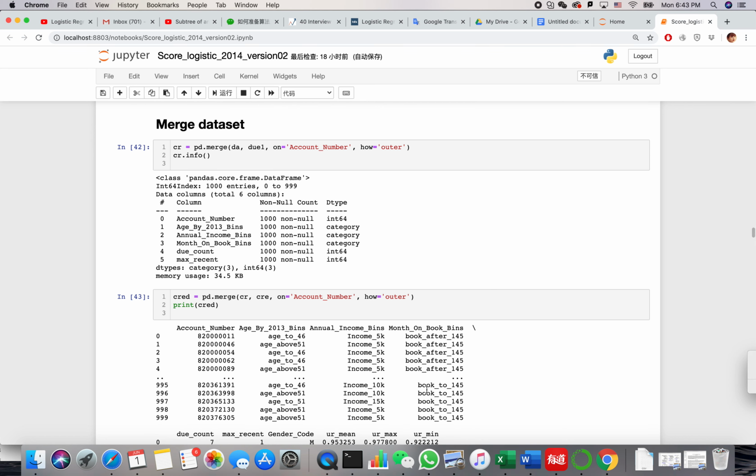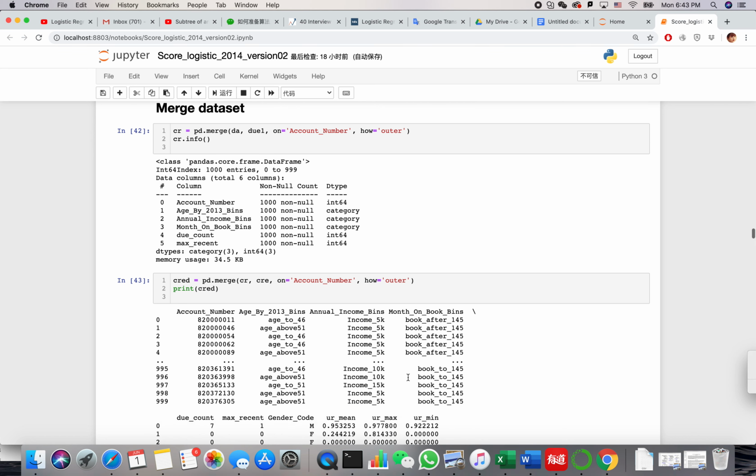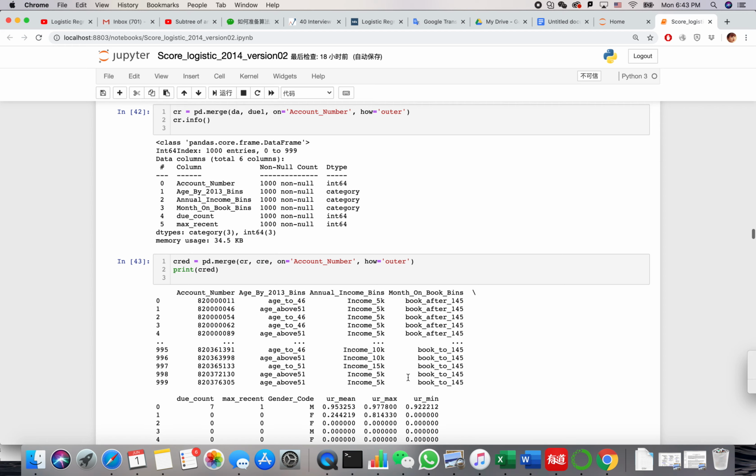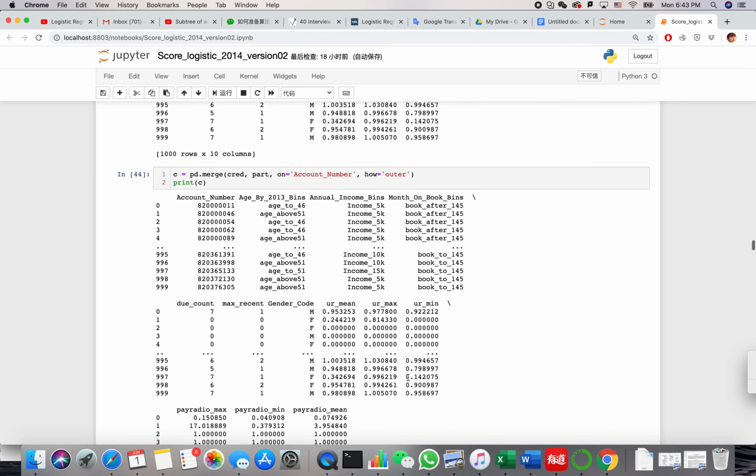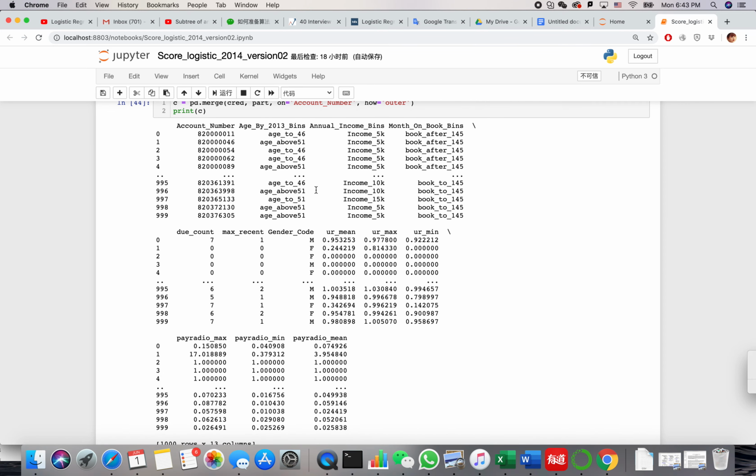And then we merge the datasets we get and get the final dataset. So we have the age, annual income, months on book, due count, max recent, gender, and limit utilization, and also the pay rate.